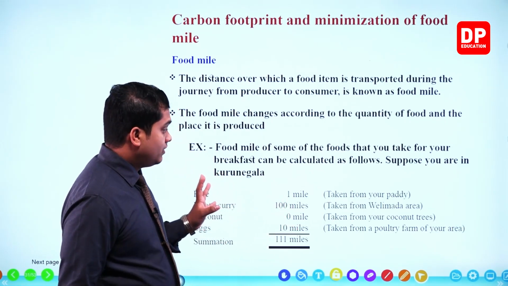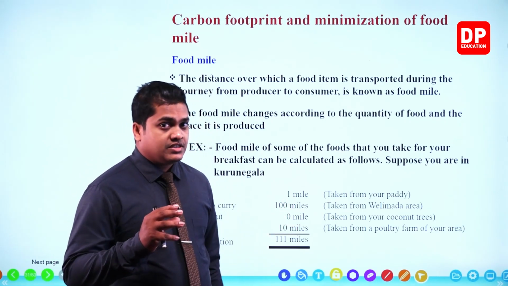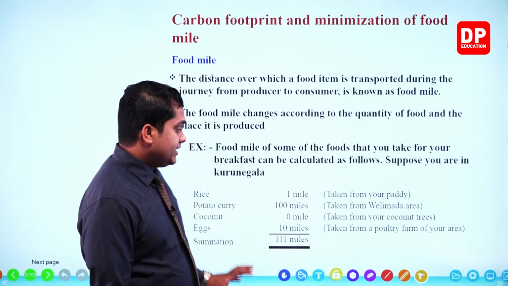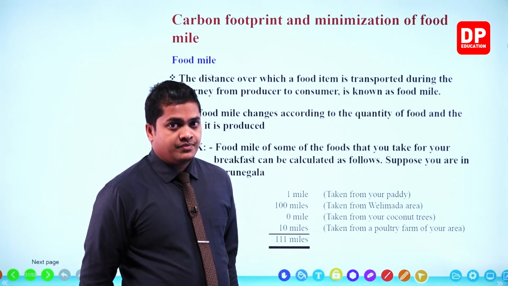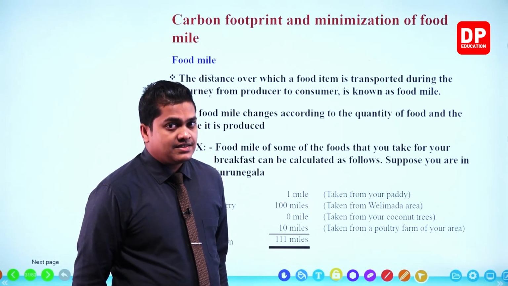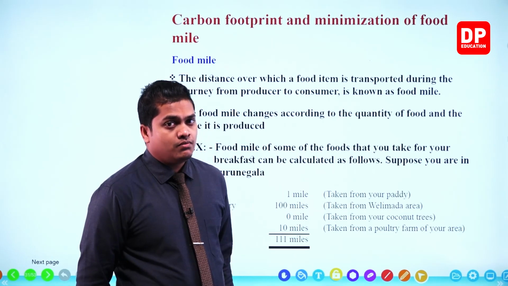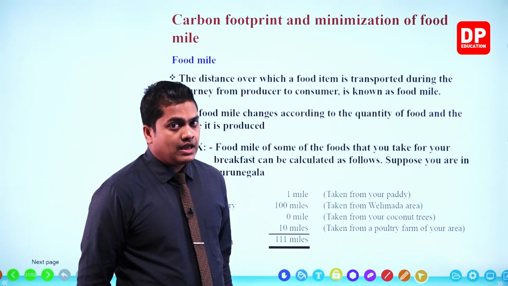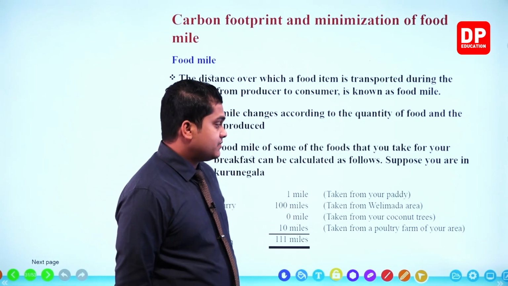Let's imagine we had these items for our breakfast. So what is the summation of the food mile? Here we are going to assume that we are living in the Kurunegala area.